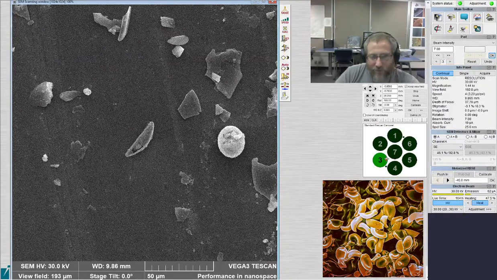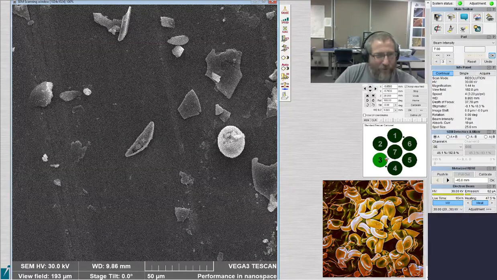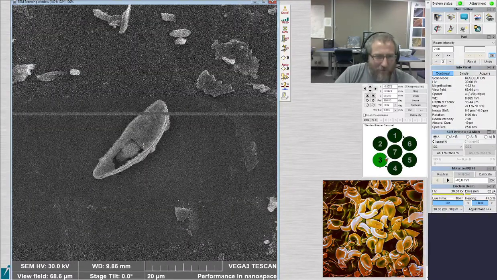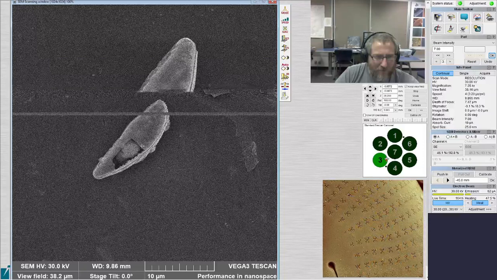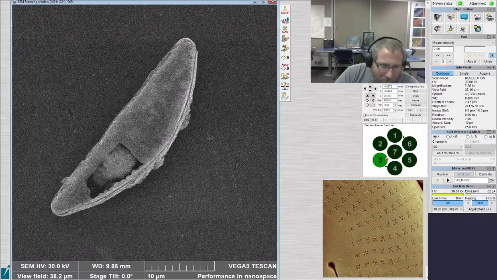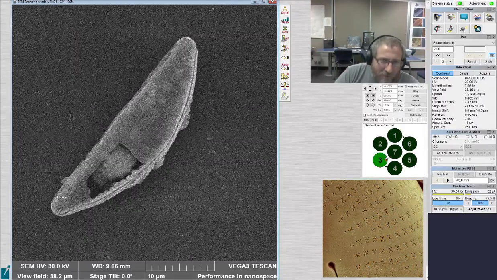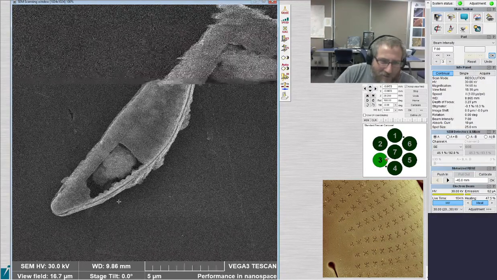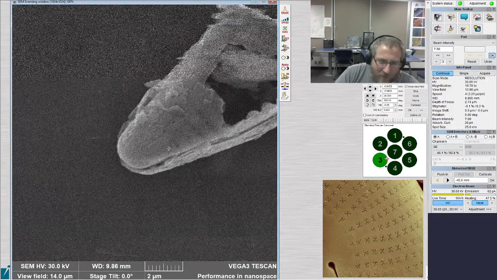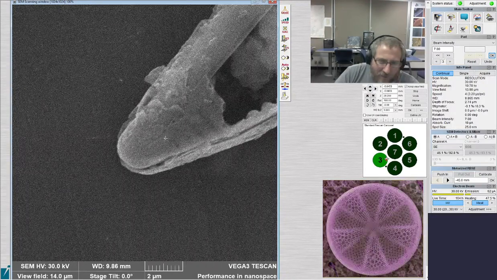And I actually have two. There we go. Amphora or something, maybe. Probably a little symboloid. What do we got? Looks like a little Symbella. And Cyanema.